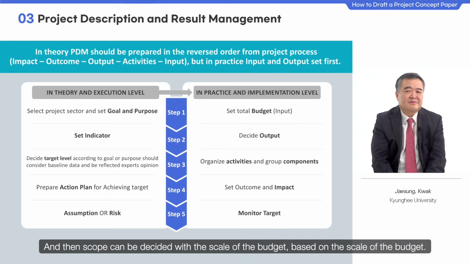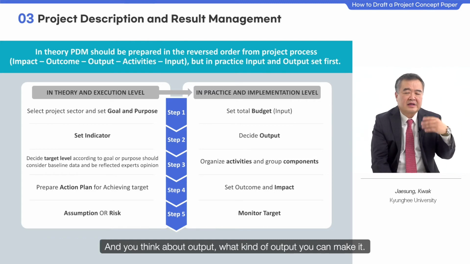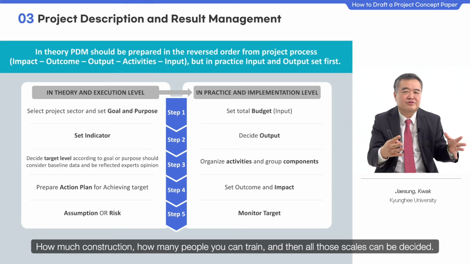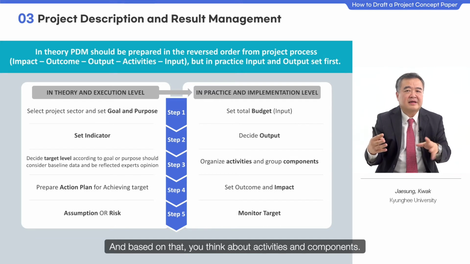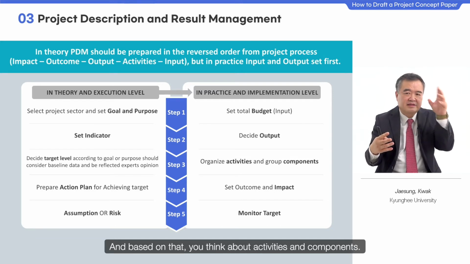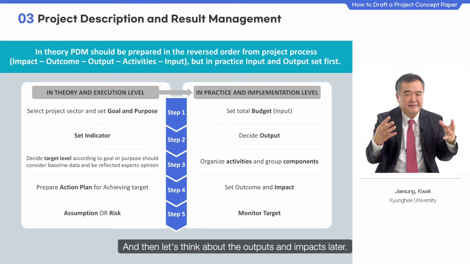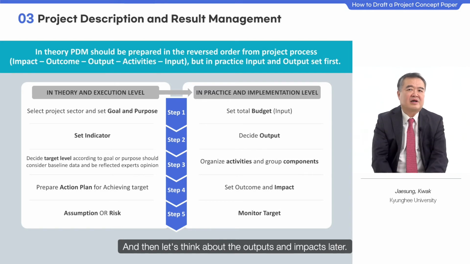And then the scope can be decided with the scale of the budget. Based on the scale of the budget, you think about the output, what kind of output you can make. How much construction, how many people you can train, and then all those scales can be decided. And based on that, you think about activities and components, and then let's think about the outputs and impacts later.